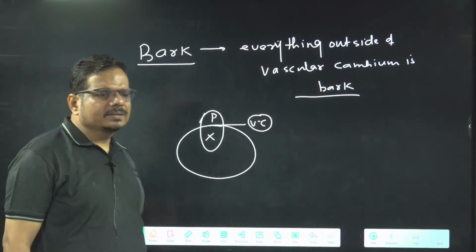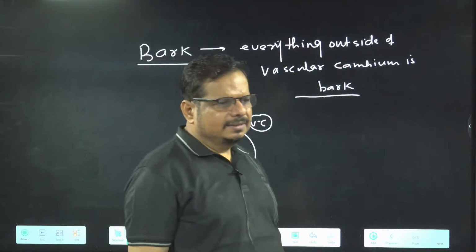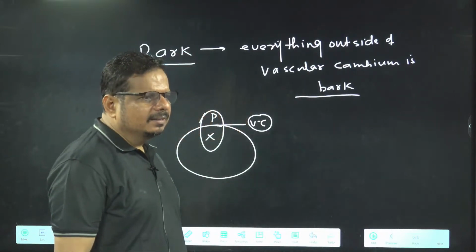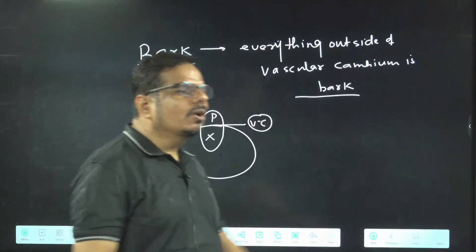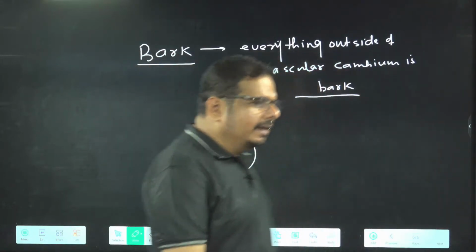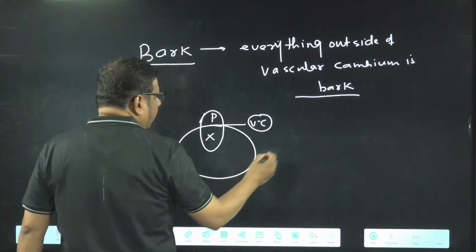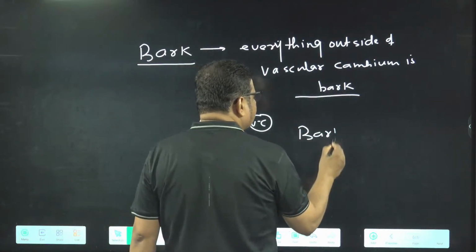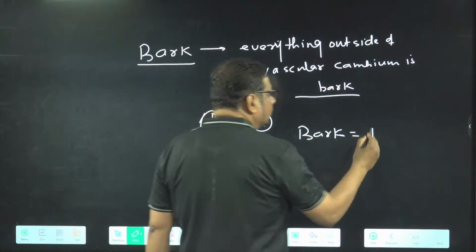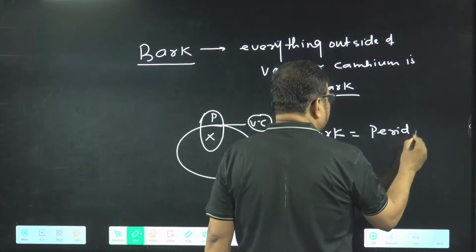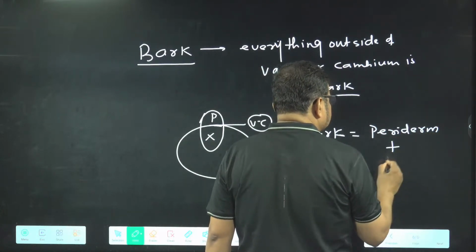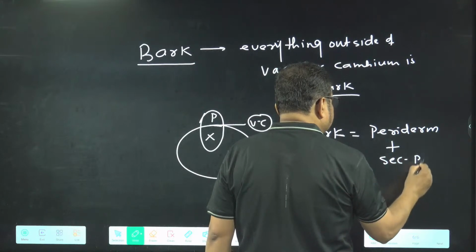Phloem, everything is called what? Bark. Is it clear? In normal language, even after secondary growth, what does not remain? Epidermis does not remain. And hence NCERT wrote bark equals periderm plus secondary phloem. It is a line of NCERT.